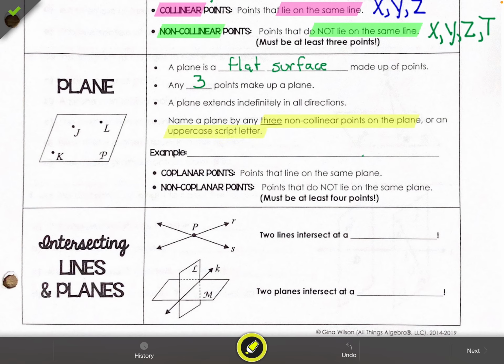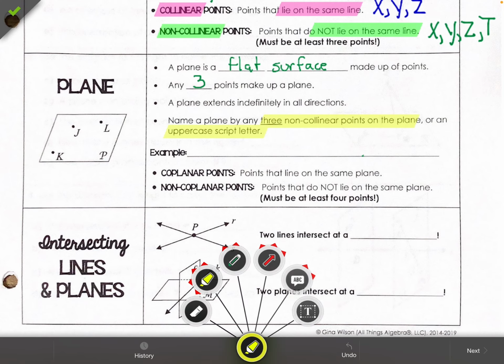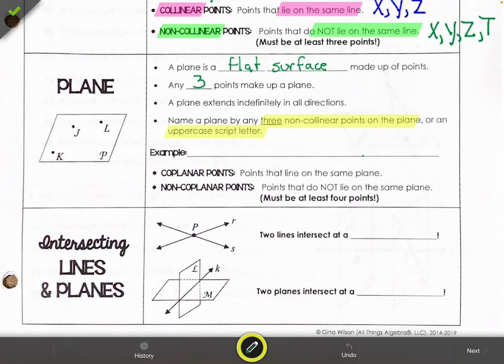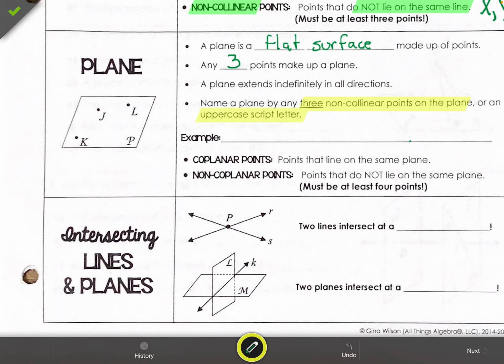And again, script just means cursive. So for example, if we look at the picture to the left, we see points K, J, and L. And how do I know they're points? 2 things. They all have dots, and they're capital letters.